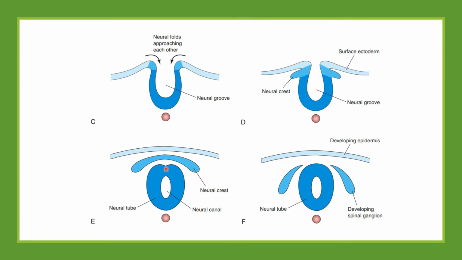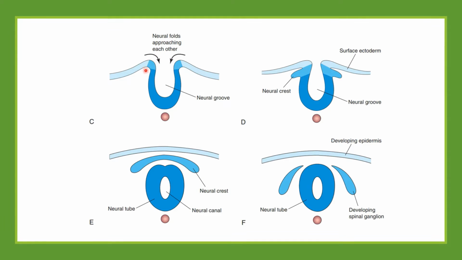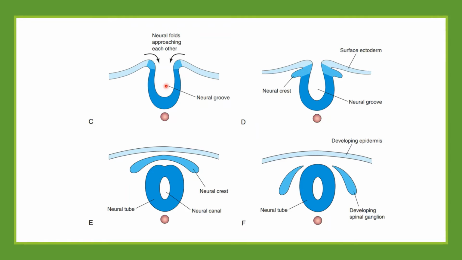Now, basically what happens is that when the notochord forms, this is a notochord, that basically induces the formation of what? The neural plate. And this neural plate starts going through something called neural folding. As this neural folding happens, look at this, the cells are coming together.